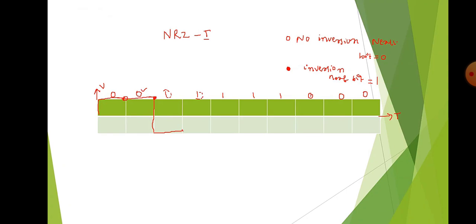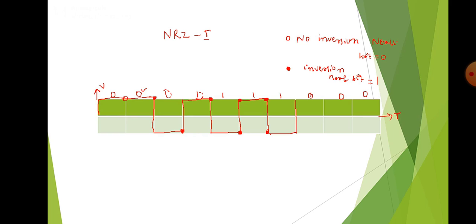Once again, next bit is 1. Inversion will take place. Next bit is 1, inversion. Next bit is 1, inversion. Next bit is 1, inversion. Next bit is 1, inversion.